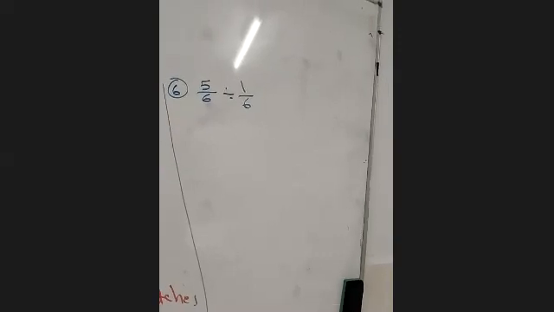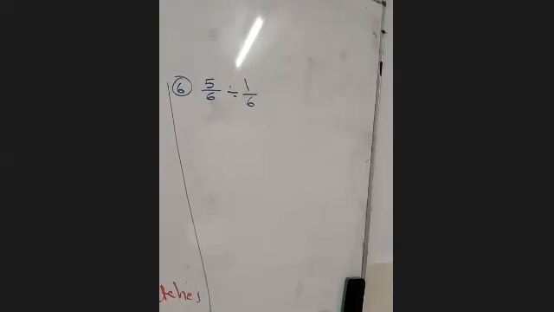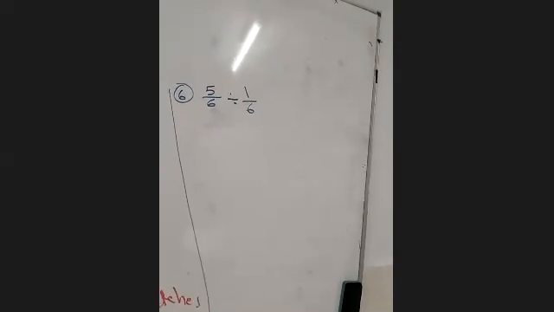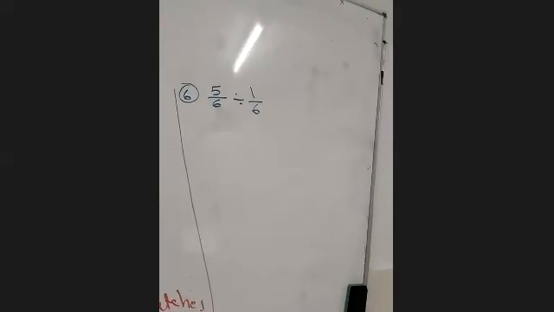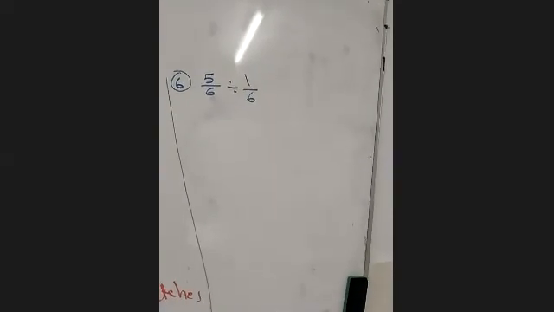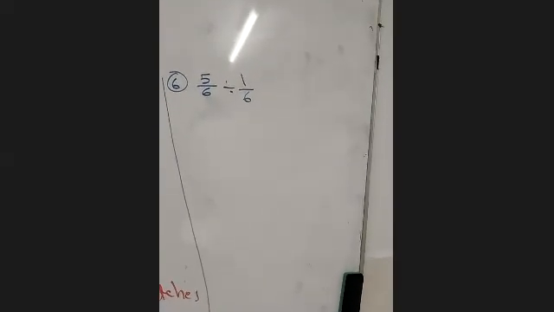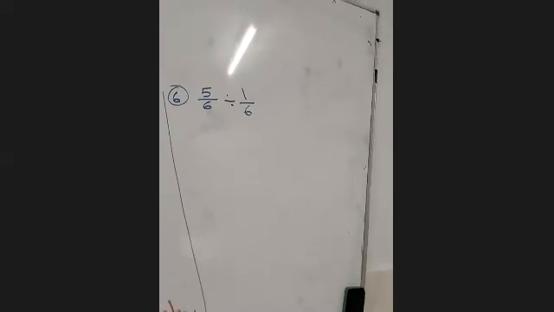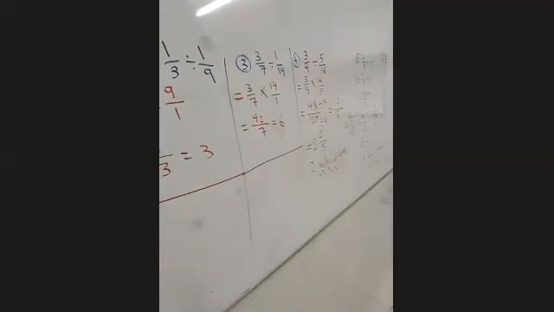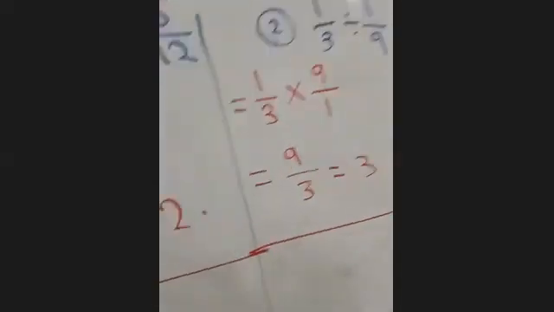No. The 5 over 6 is one number, so we cannot say 5 for something and 6 for something. It's not a rate. Got it? It's one number for one thing.